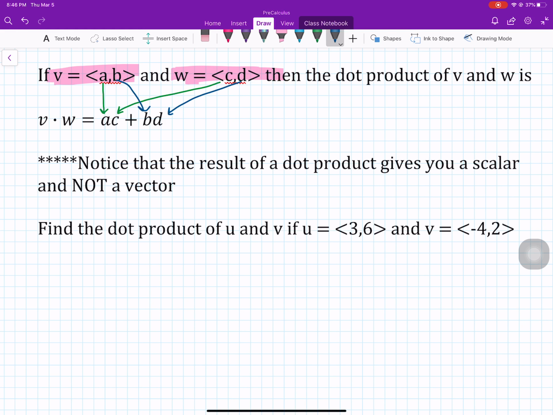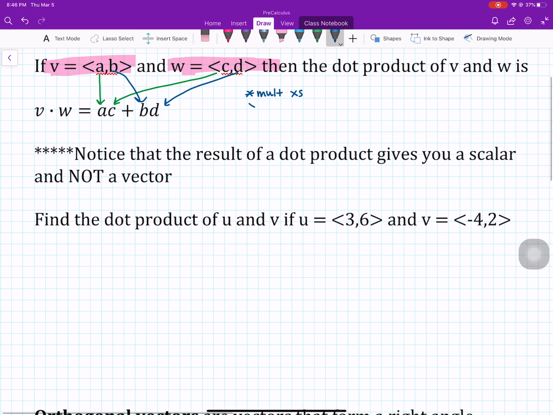So, if you would like that in words, you multiply x's, then you multiply y's, and then you find the sum. Yes, the process really is that simple.